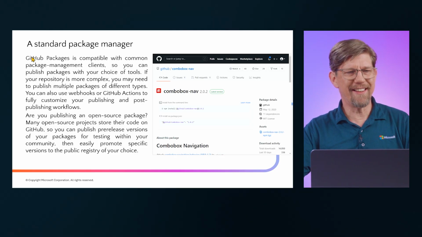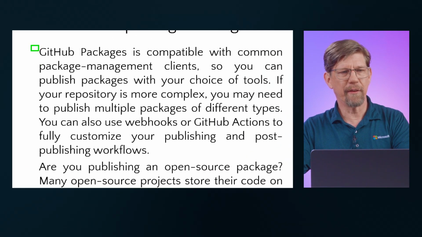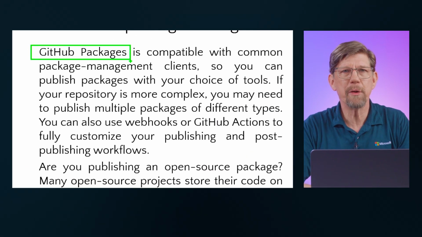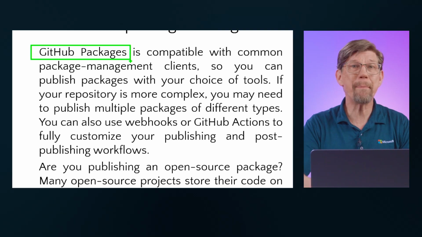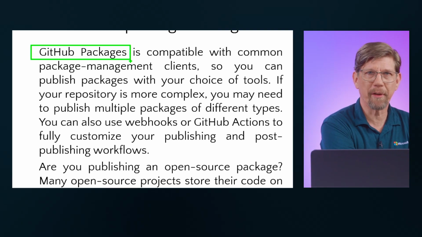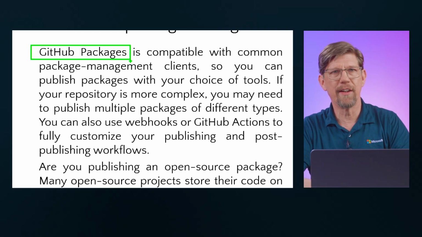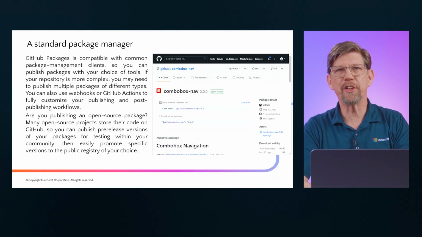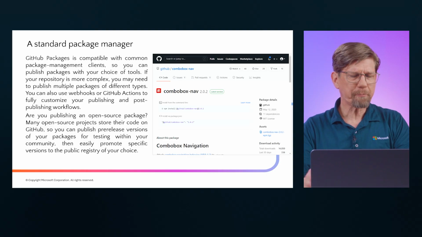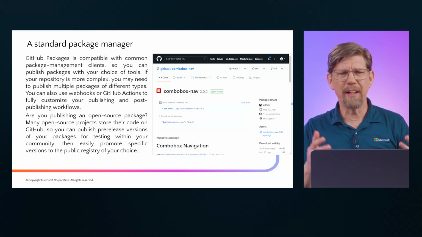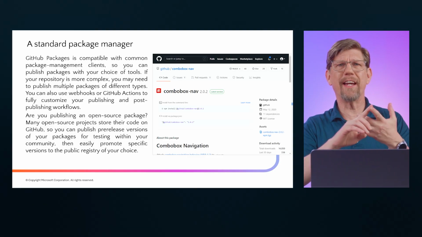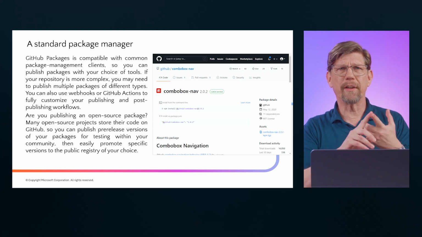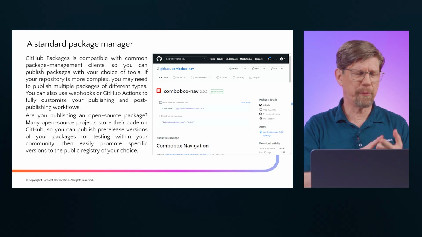Number one is that built in, there is GitHub Packages. Now, this is a parallel product that's built inside of GitHub, parallel to that of Actions. And this is a package manager. Package manager could be package manager for, say, NuGet, for .NET, which is NuGet.